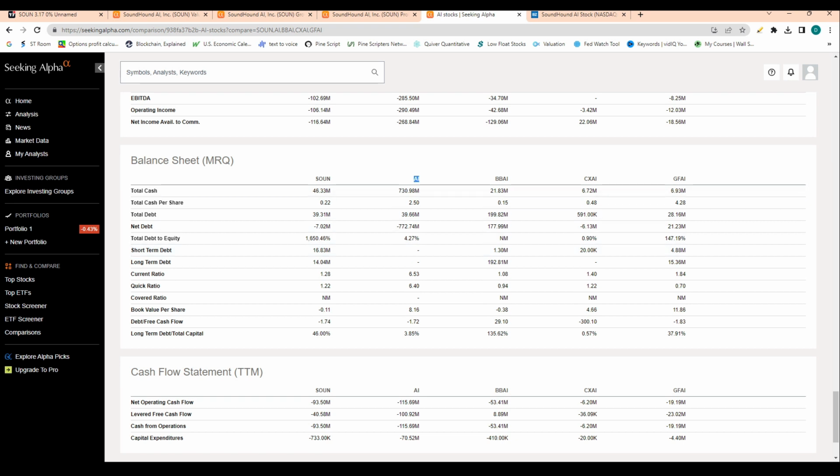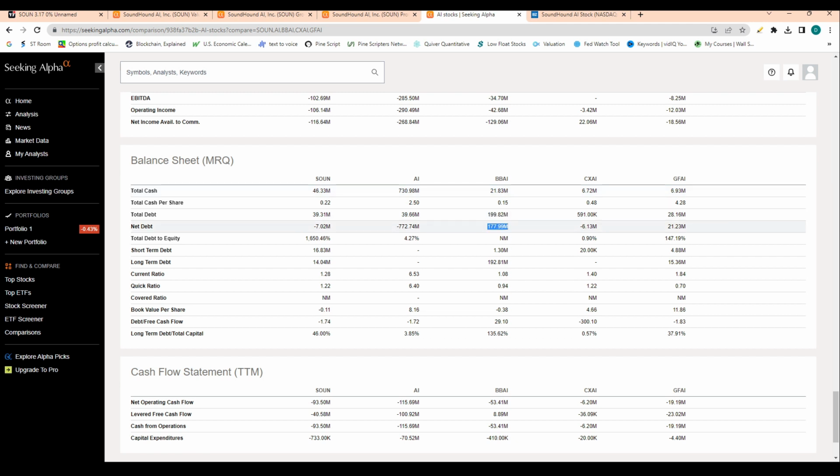And obviously C3 AI has a pretty good balance sheet as well. They have $730 million in cash relative to $39 million in debt. So they have a net cash position of $770 million, which is awesome. And then BigBear AI, though, it's a totally different story. BigBear AI has $21 million in cash, but almost $200 million in debt.